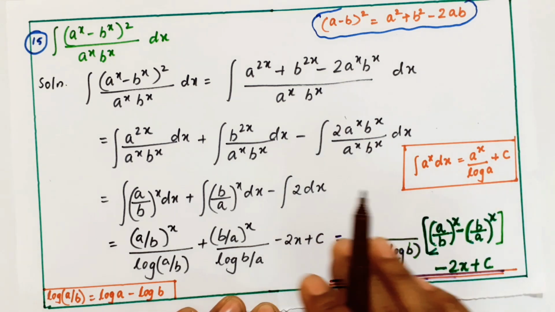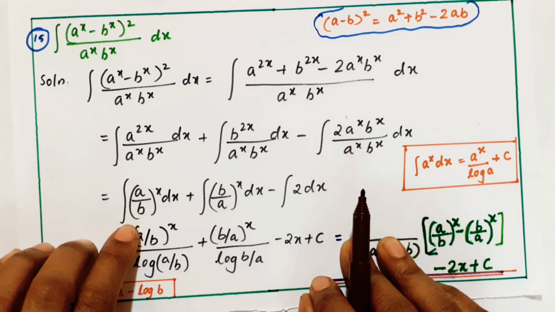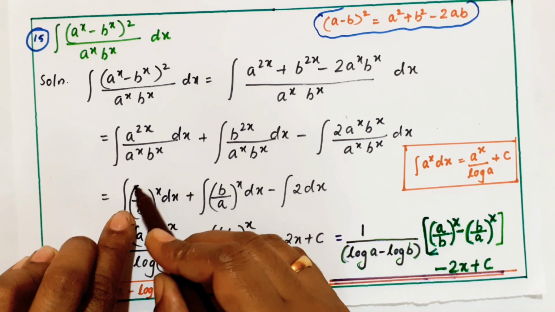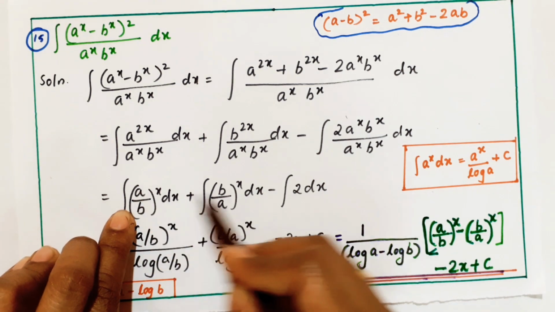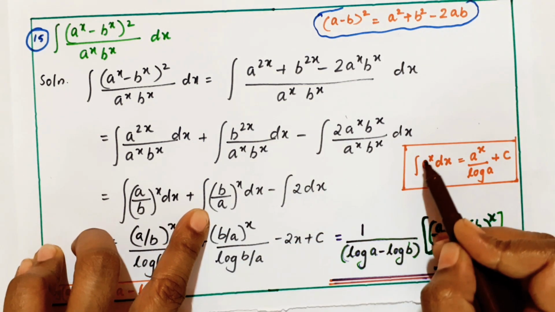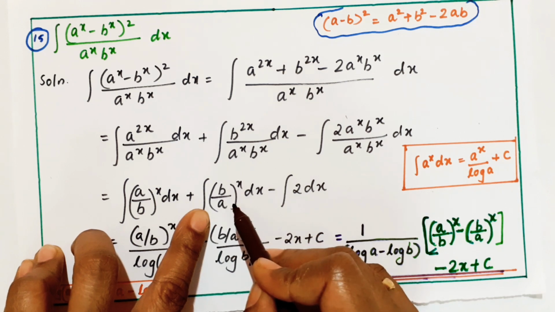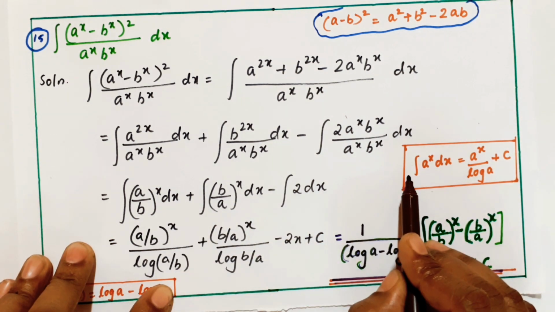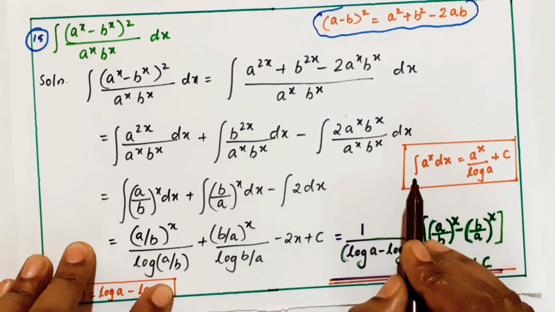So in this case, the first term is (a/b)^x dx, so in place of a, your term is a/b. In the second term, in place of a, your term is b/a. Rest all same. So I am just using this equation only.